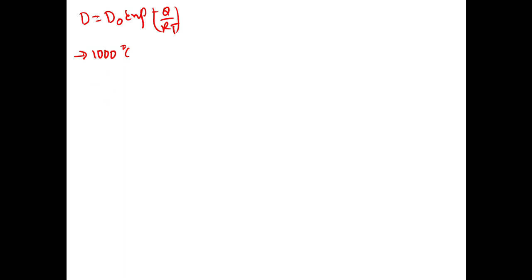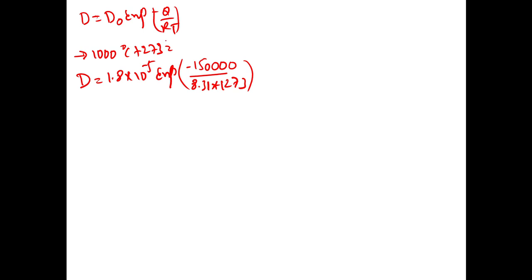okay. So if you consider, he has given the Q value also and the exponential term also: 1.8 into 10 to the power of minus 5, exponential of minus 1,52,000 divided by R, which is 8.31, into T. Degrees Celsius, need to add 273 to this one, then 1273.